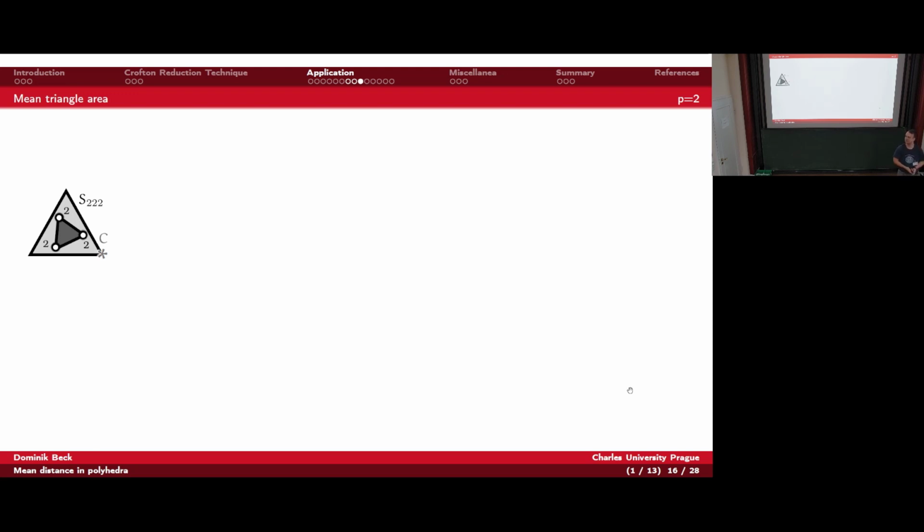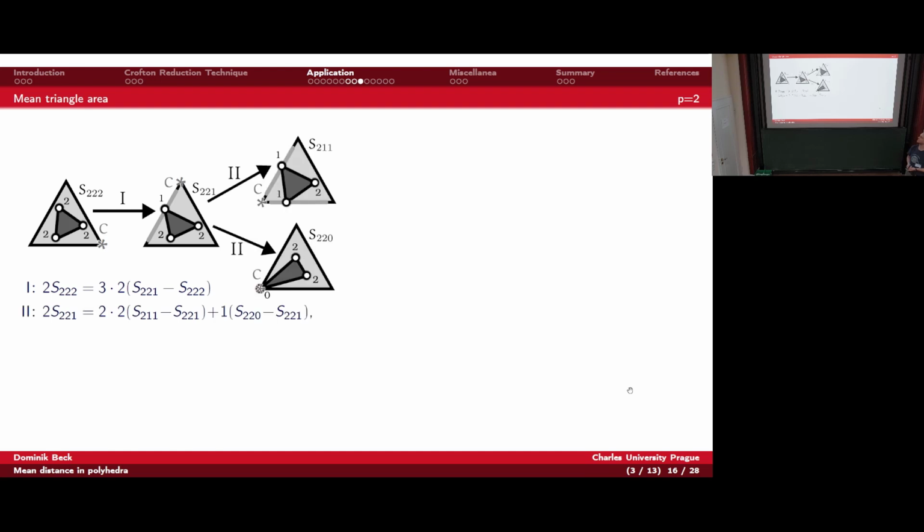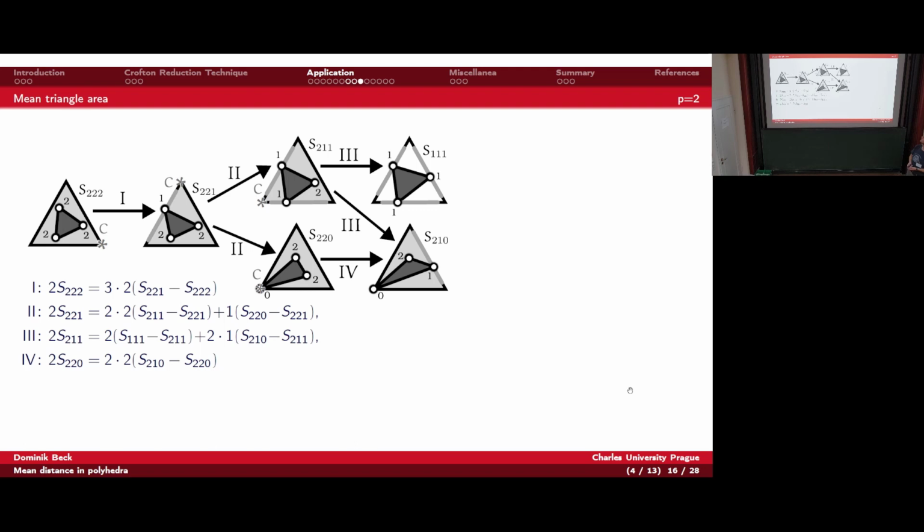So the first step, you reduce this by moving the point to the boundary, and you get one equation. Then you reduce it again, you select your scaling point and move either this point to the boundary or one of these interior points. You get two configurations. Again, you perform this reduction, you select your scaling point and move the points to the boundary.